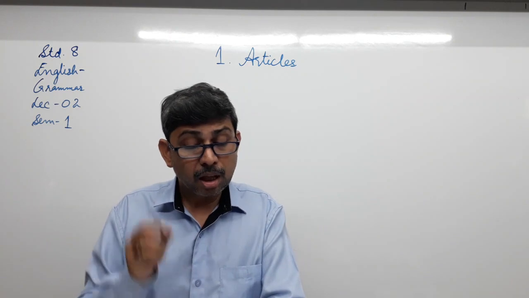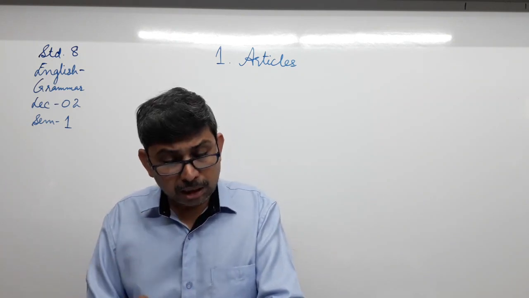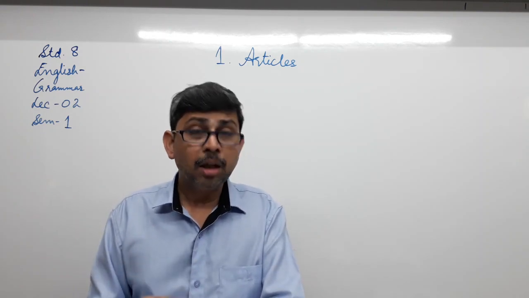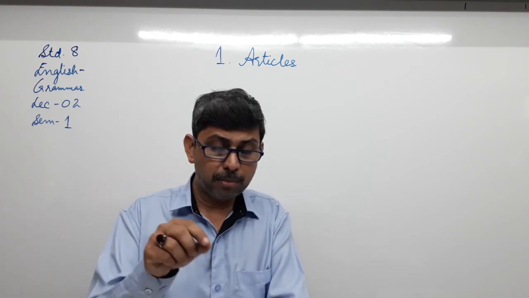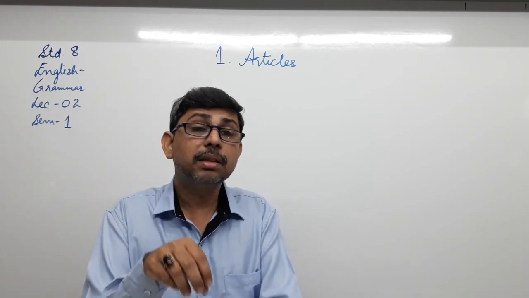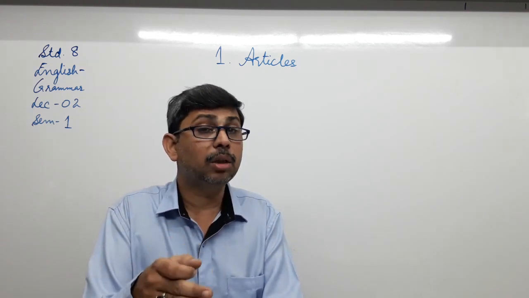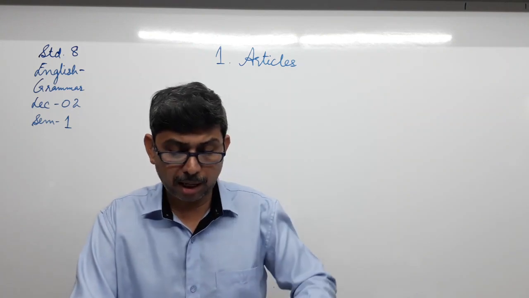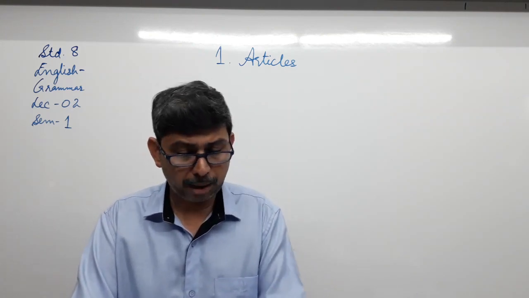We don't say the Homer's Iliad, or the Valmiki's Ramayana. No. We say the Ramayana, the Iliad, but when the name of the writer is used with it, then we omit the article the. Okay, so we simply say Homer's Iliad and Valmiki's Ramayana.